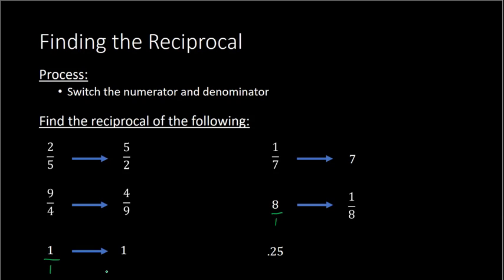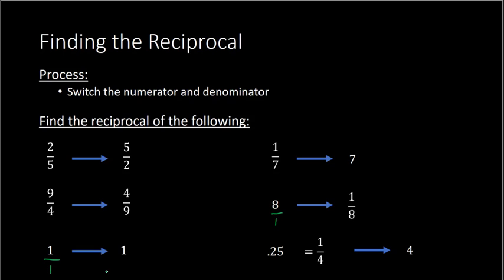So 0.25 should be a memorized fraction as 1 over 4. You should have that memorized. So it's 1 over 4, and the reciprocal of 1 over 4 is 4 over 1, or just 4. So the reciprocal of 0.25 would be 4.